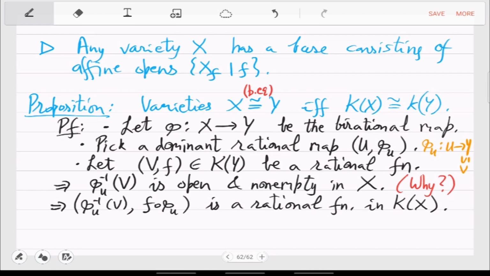And this is how you get a morphism from Ky to Kx. It's a field homomorphism.